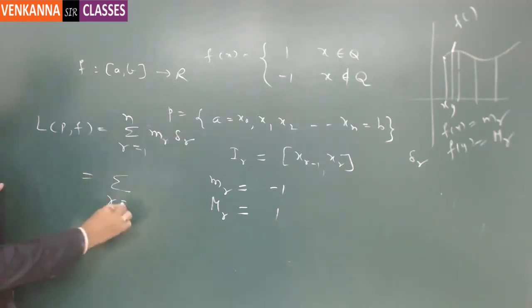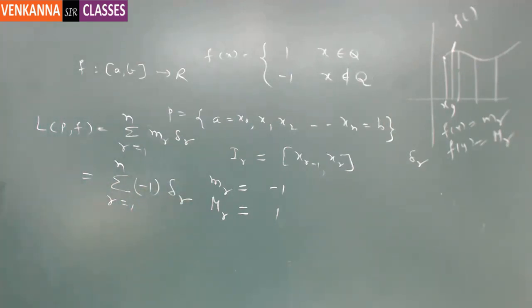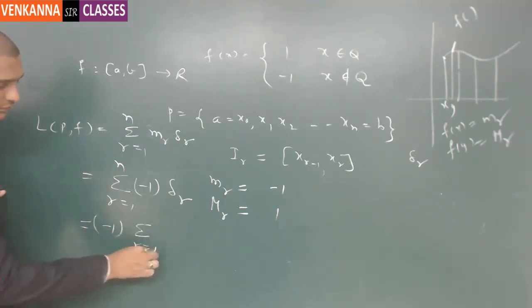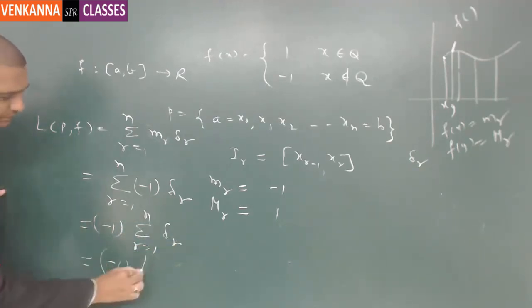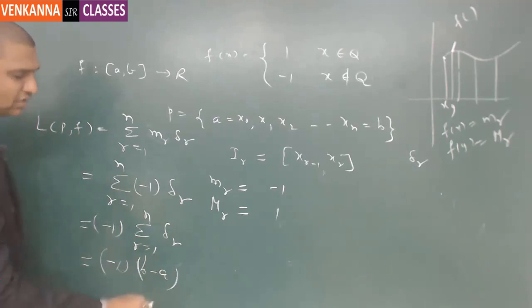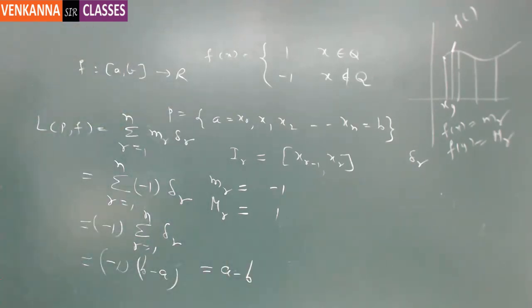This is equal to the summation r equal to 1 to n of minus 1 into delta r, because the smallest value is nothing but minus 1. So taking minus 1 outside, it is nothing but b minus a. So the value is a minus b. Accepted?